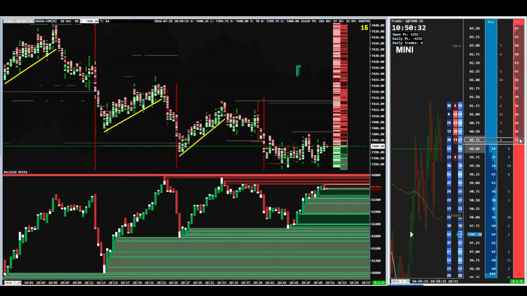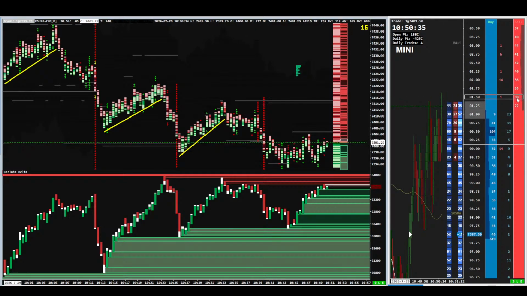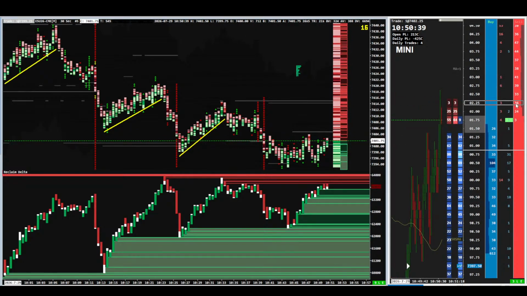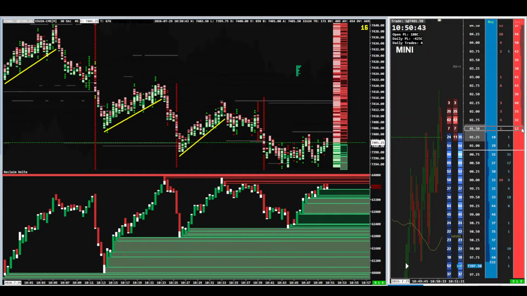About to hit resistance on the stocks. Some buyers coming in.